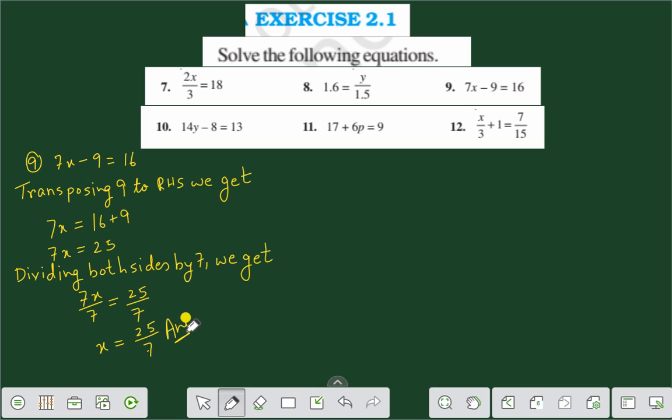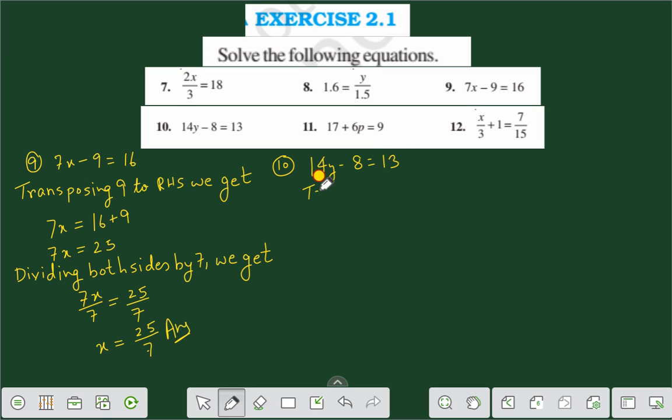Now we'll solve question number 10. Question number 10 is this one. 14y minus 8 is equal to 13.